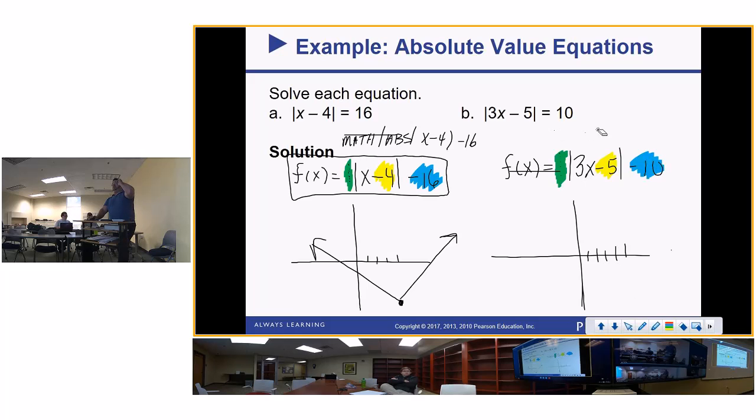Well, I'm sorry, you can't factor out on absolute value, so you would leave it. The only thing you can factor out of is an equation. You can't factor out of parentheses or radicals. So you would just leave it. But the whole point is you would graph it based on that vertical and horizontal shift. Okay? It still looks like a V.